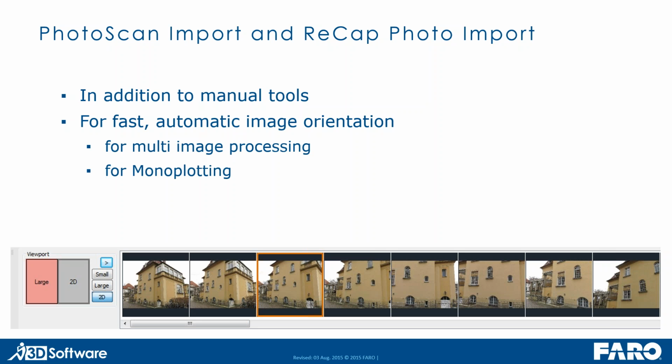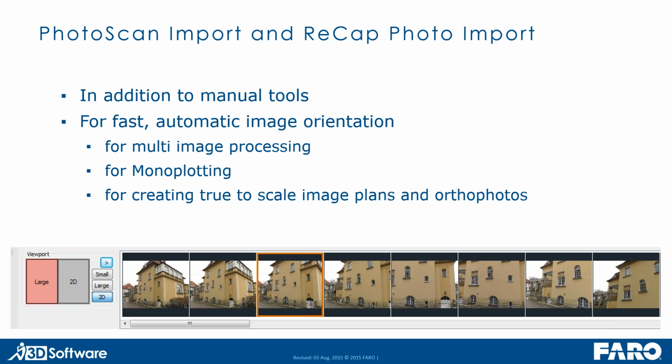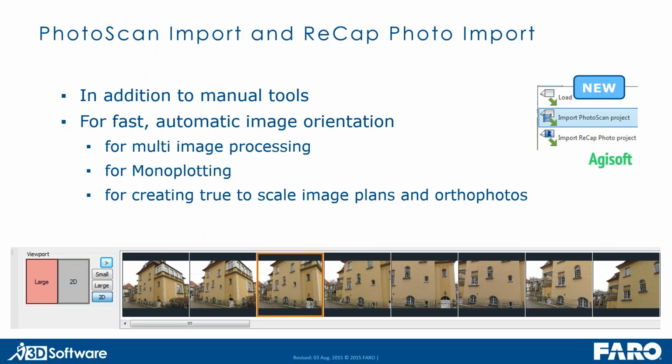And those oriented images, again, you need for multiple image processing, for monoplotting, and also for calculating true to scale image plans and orthophotos. So this is what you need oriented photographs for. New in PhotoPlan 16.5 is the Agisoft PhotoScan import.